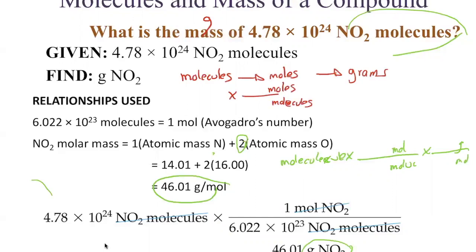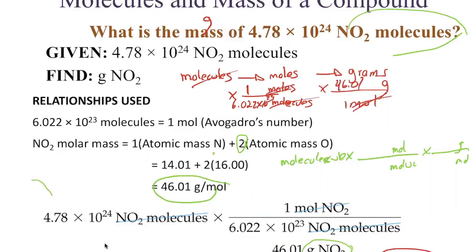So you're going to have 1 mole equals 6.022 times 10 to the 23. Then you want to cancel 1 mole, and at the top, you're going to have grams, which is the molar mass, 46.01. Moles and moles cancel, molecules cancel with the molecules that were given to you, and your answer should be 365.